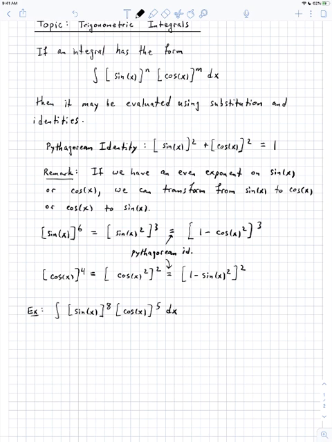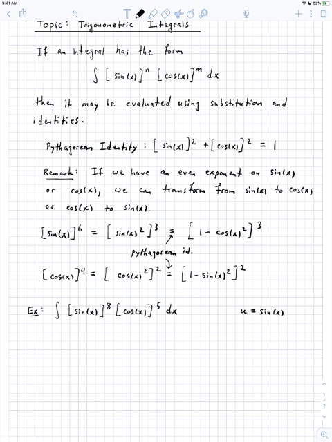Now, what is the objective here? The objective is to evaluate this indefinite integral. We certainly don't know how to do anything like this just off the top of our heads. That is to say, we probably haven't encountered anything like this before. The objective here is to eventually use a substitution. And the substitution that we want to use is u equals sine of x.